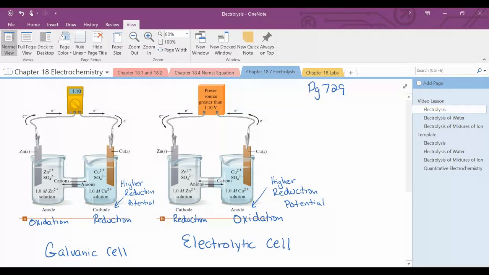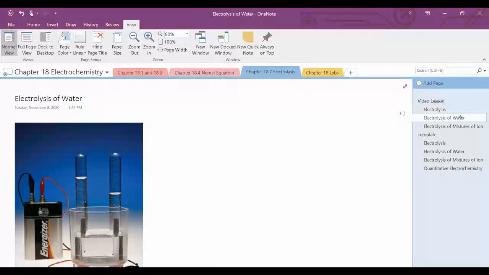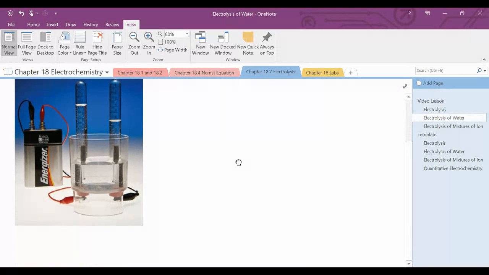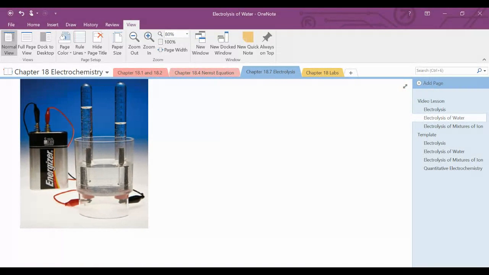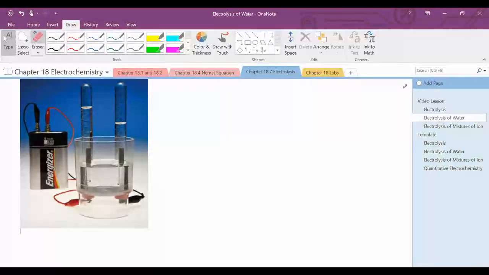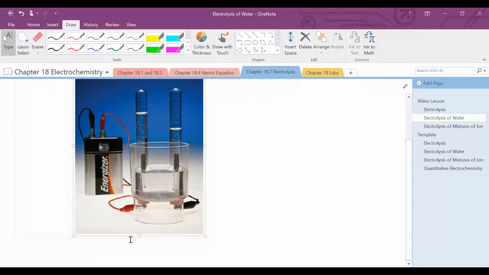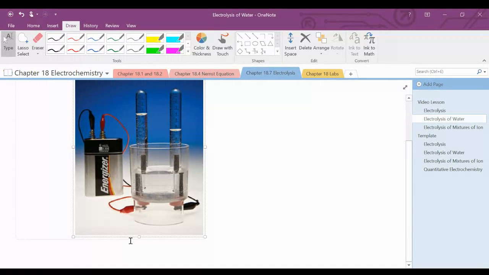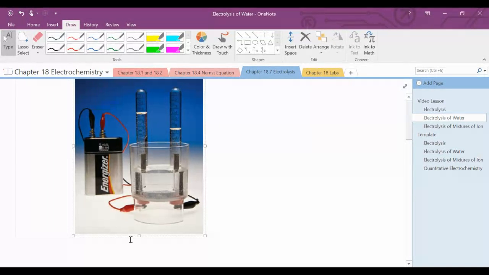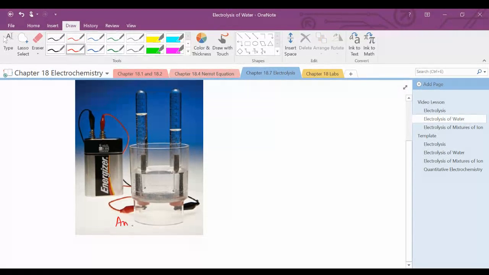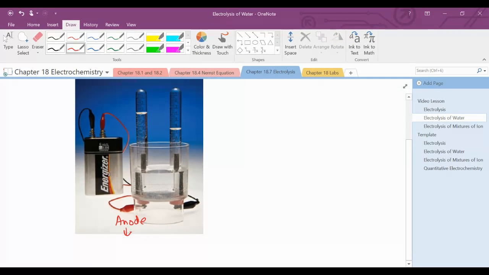So let's look at the electrolysis of water. Let me just move this picture over a little bit so we can talk about it. What we have on the left-hand side is our anode, and it produces oxygen.